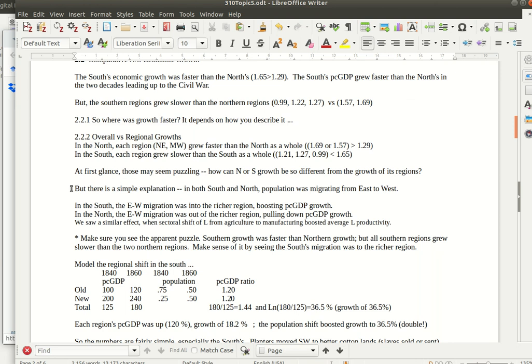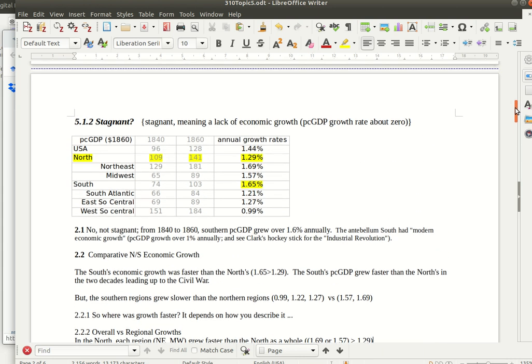Okay, I hope you've had a chance to look at these notes and recognize this idea of a simple explanation stemming from the migration of population from the east to the west. You can read through the detailed discussion I have below, but let's just go up and look at the numbers for a minute, and I think maybe if we think of an extreme situation, it'll become obvious.